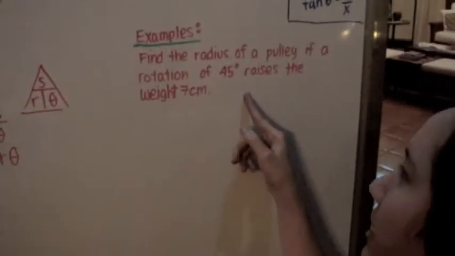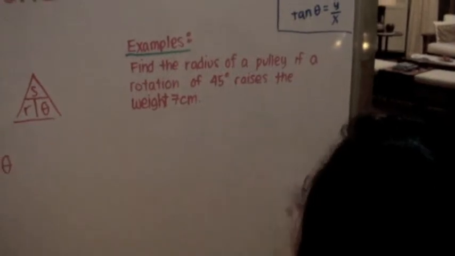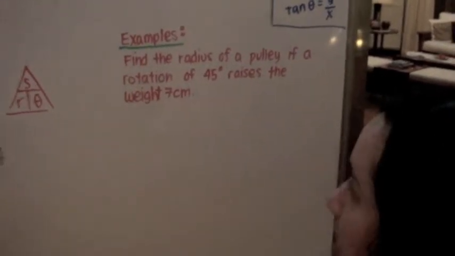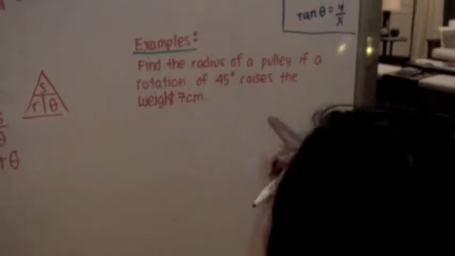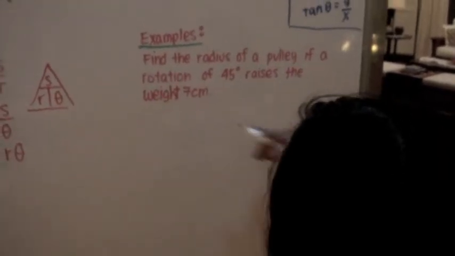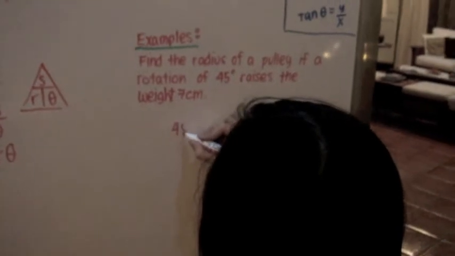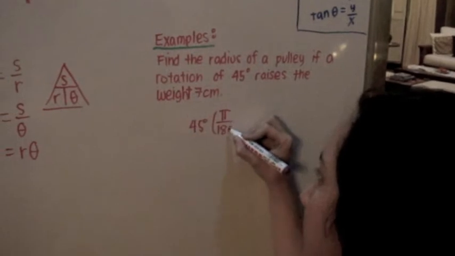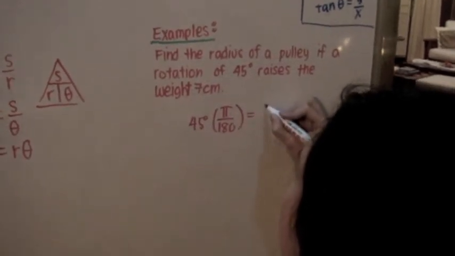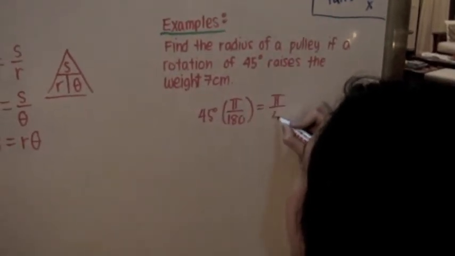Our second example is find the radius of a pulley if a rotation of 45 degrees raises the weight 7 cm. So first, you convert 45 degrees into radians. So 45 degrees times pi over 180 degrees equals pi over 4.